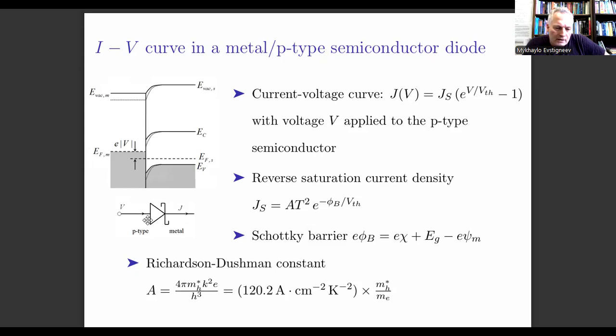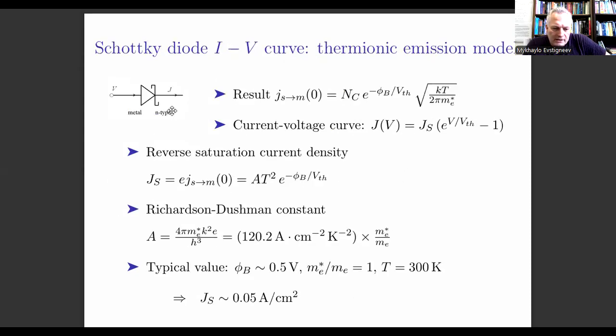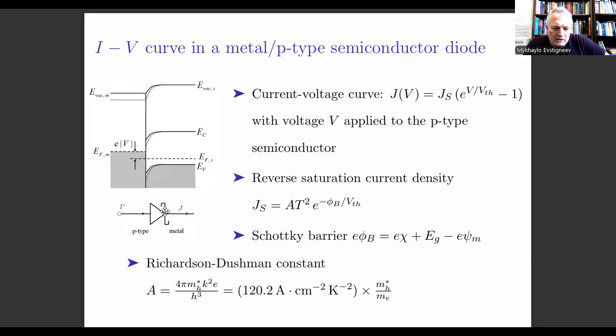And in the case when the semiconductor was of n-type, the large current was flowing from metal to the semiconductor, right? When the semiconductor is of p-type, the large current will be flowing when positive bias is applied to the semiconductor and the metal is at the negative bias.